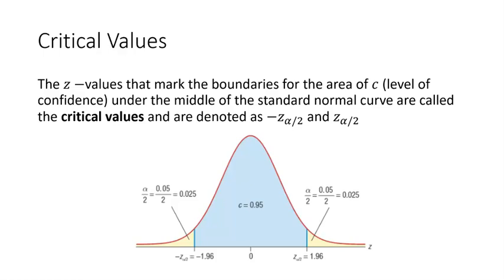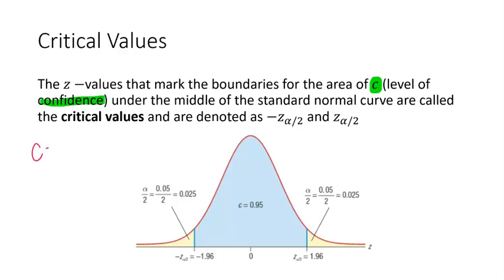And everything we are doing is based off of a certain level of confidence. Now, that certain level of confidence, we normally see it with the letter C, is actually connected back to what we've been doing in 3.1 and 3.2.